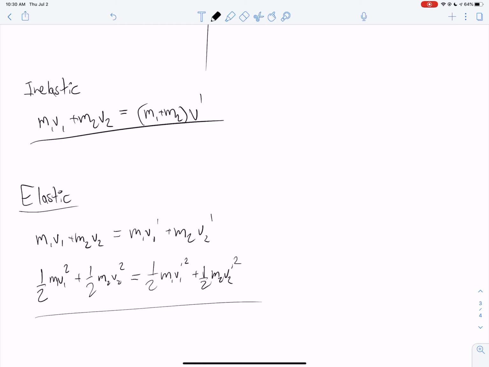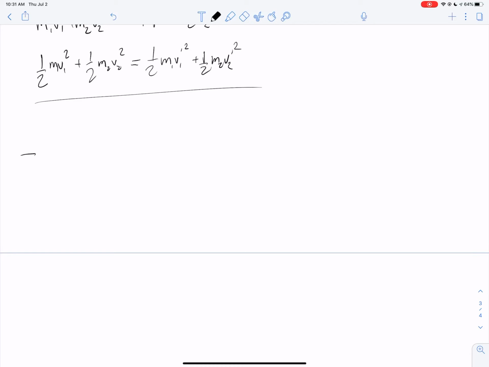Now we won't be dealing too much with kinetic energy, but it is important for you guys to understand that because it is a very important feature of elastic collisions. Alright? Now with that being said, I'm going to move on to the last thing that I introduced but didn't really get to touch on, and that is impulse.